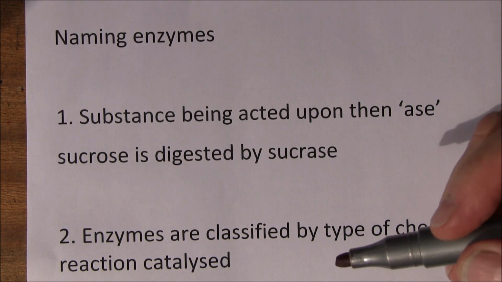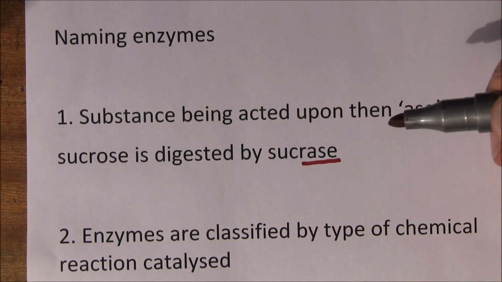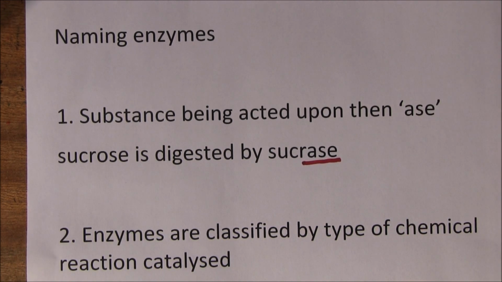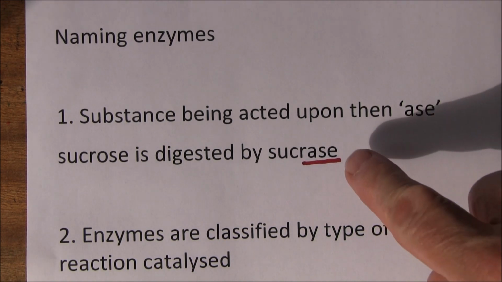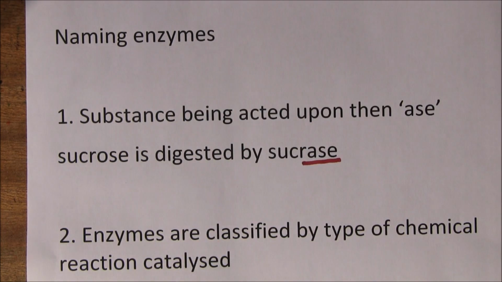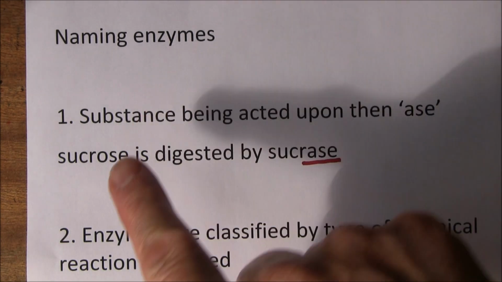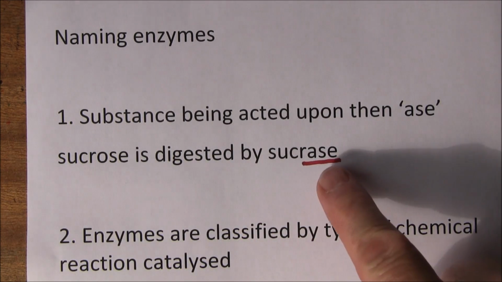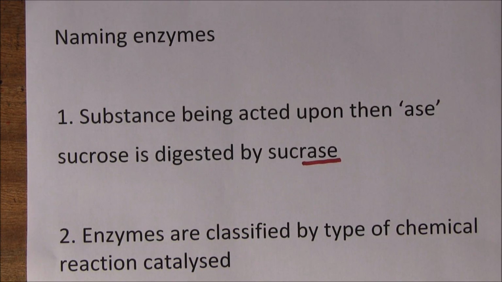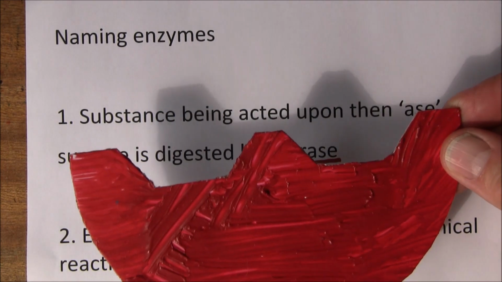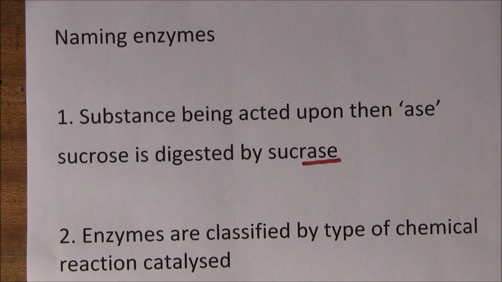So the "ase" indicates that it's an enzyme, sucrase. Now, having said that, there are some examples of enzymes which were named before this convention became well recognised. So it's not a universal rule, but generally enzymes end in "ase". So it's the substrate, sucrose in this case, followed by "ase". So this was a sucrase enzyme.